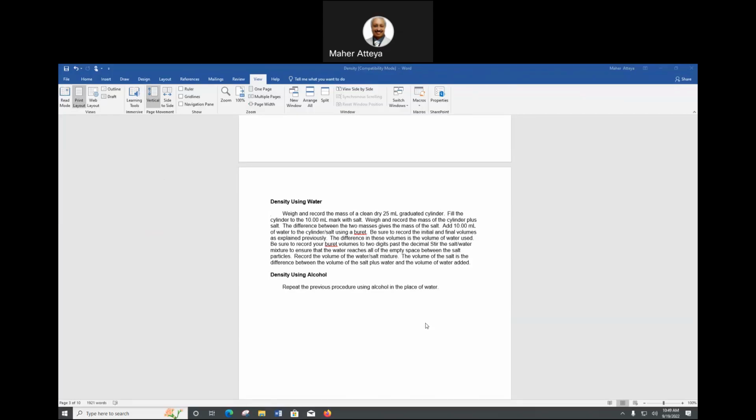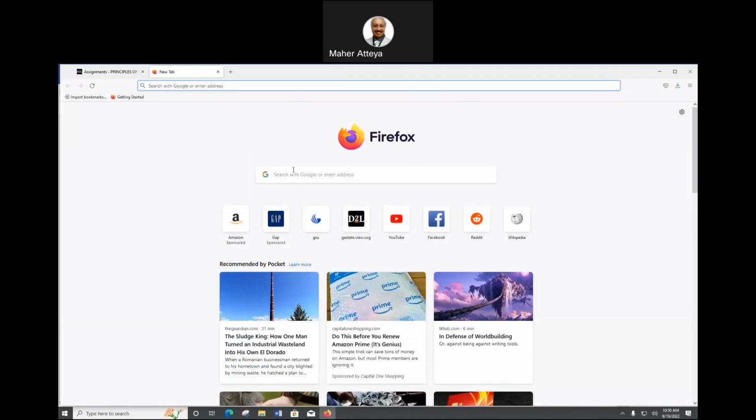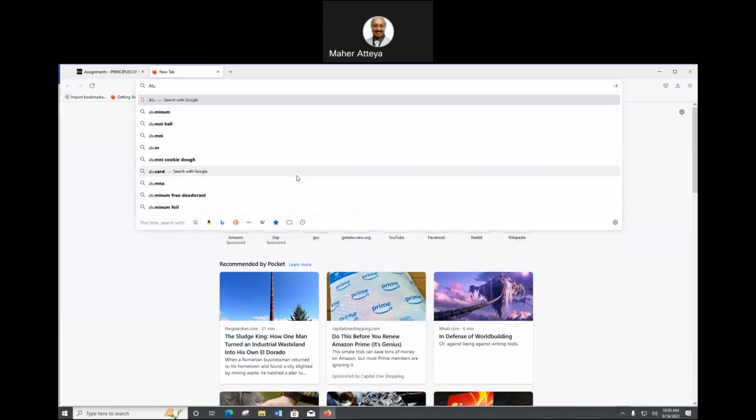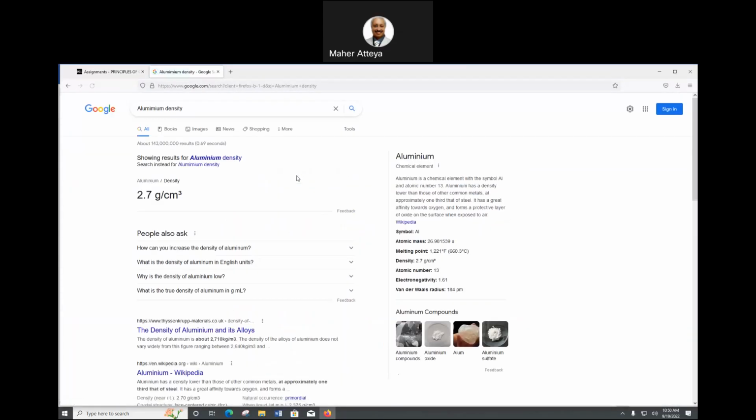Now, I can use the website and say, okay, I suspect that the aluminum is my unknown solid. So then I will say, okay, aluminum density is 2.70 gram per centimeter cube.